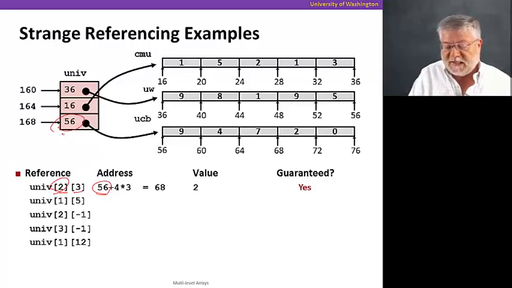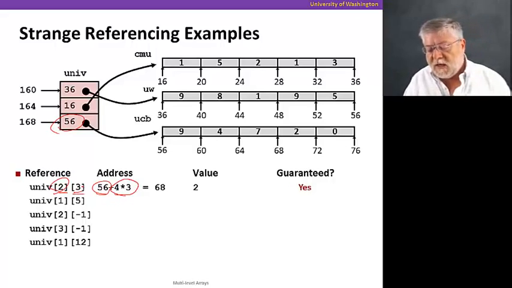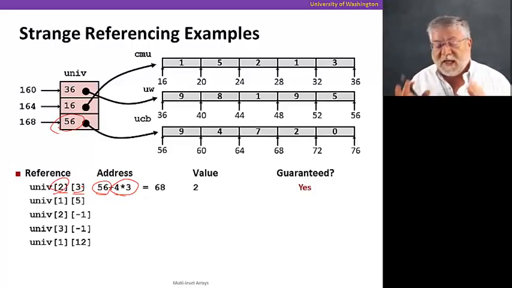That would be the 56. That address is the UCB zip code. And then the offset within that, 4 times the second index of 3. So that gives us an address of 68, which in fact yields the 4th digit of that zip code, or the number 2.